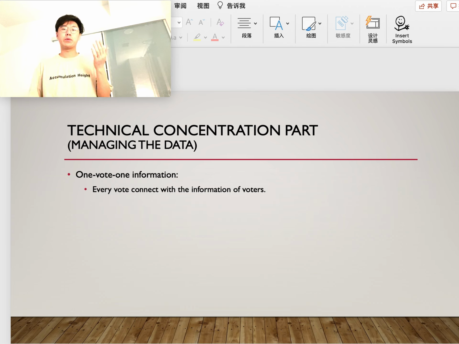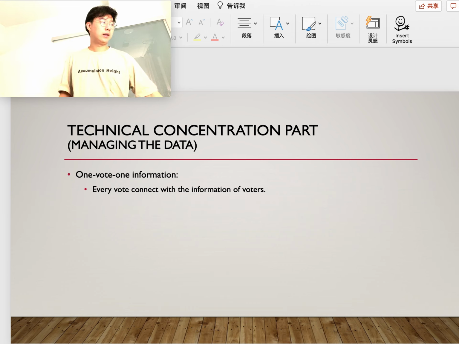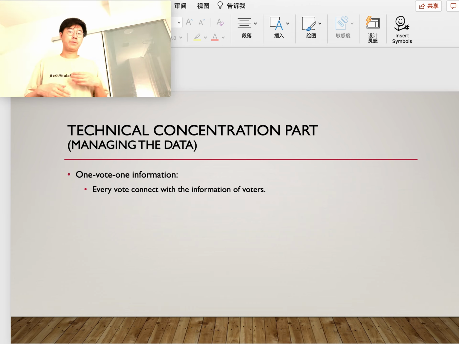For example, the voter's name, and when and where the voter handed in the vote. This can all be seen in our system, and it is very important as another way to monitor the votes and their fairness.